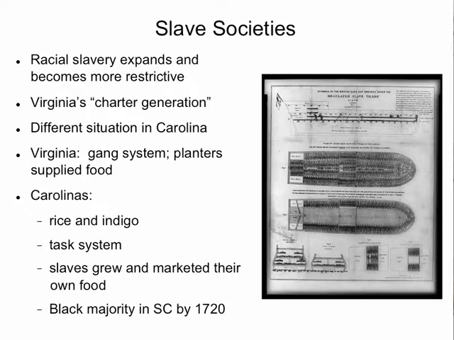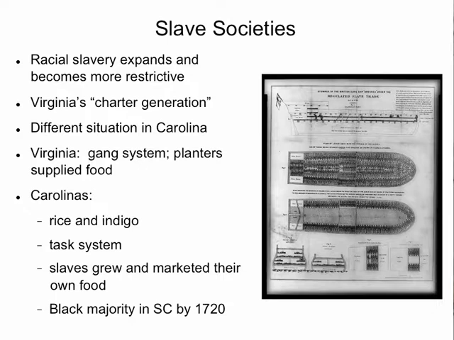Instead, you were given an individual task to do for the day. So your master or your overseer might say, please hoe a quarter acre today, and that would be your task for the day. So you would go out and do that by yourself. And when your task was over, you were done working for the master for that day.